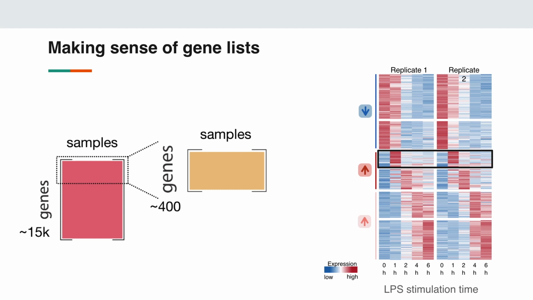So we have, for example, this labeled cluster here where genes are induced very quickly after our LPS stimulation and reach their maximum expression at 1 hour post LPS induction. So this is the same case where pathway analysis can help you identify commonalities between the genes that have been assigned to each of these clusters.